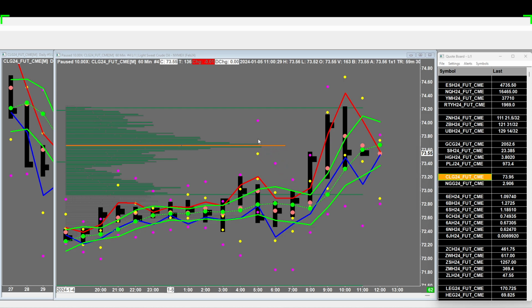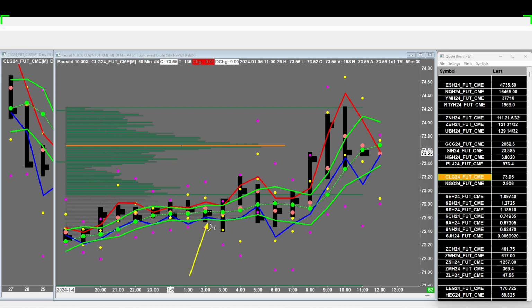Now, just one basic rule is that if you want to fade a market, right? You want to trade a mean reversion trade. Let's say you want to sell resistance up in here because you want it to move back down, or you want to buy support here because you want it to move back up, right? Then for those types of trades, you want to make sure that you're in an area that's out of balance, which is outside the value area, because then you have a really good chance.